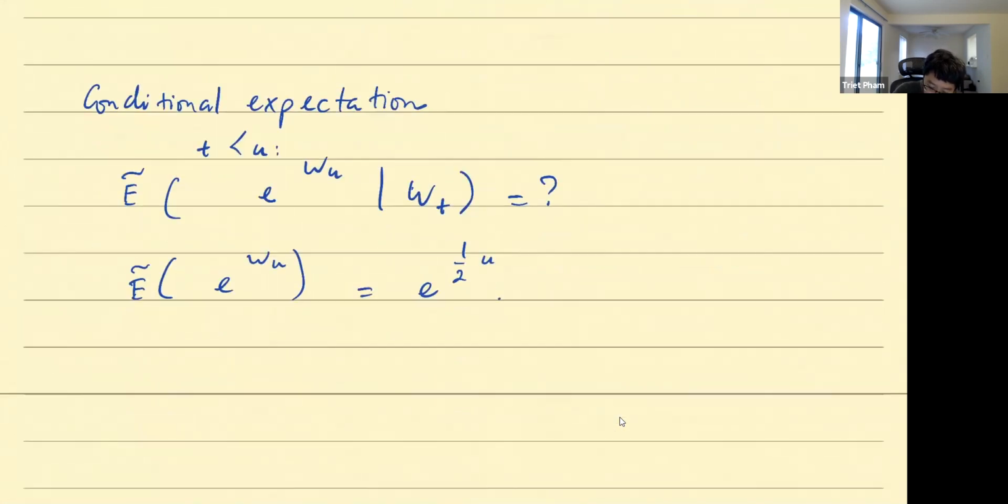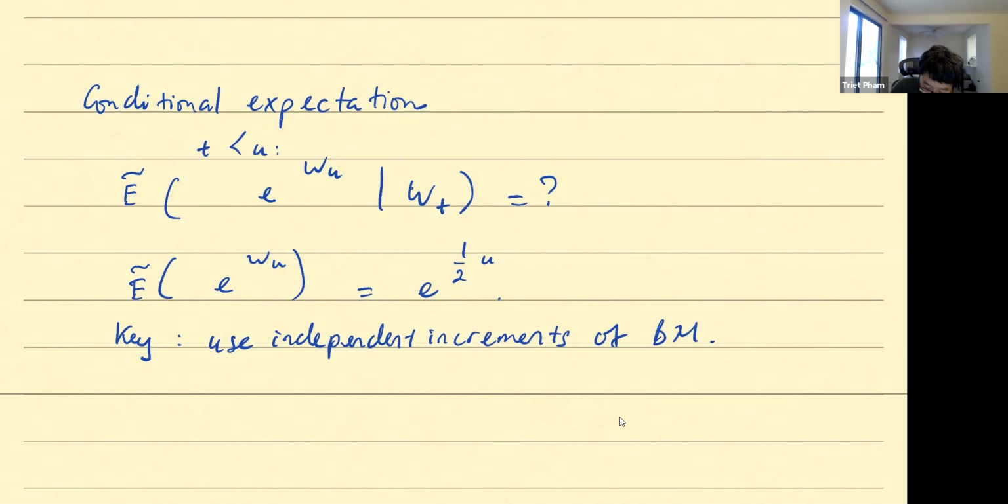But with conditional expectation, what do I do? The key to almost all of this calculation is to use the independent increment of the Brownian motion.